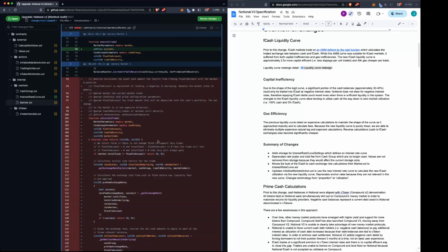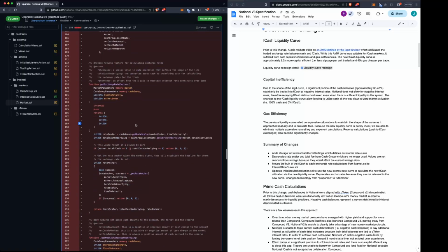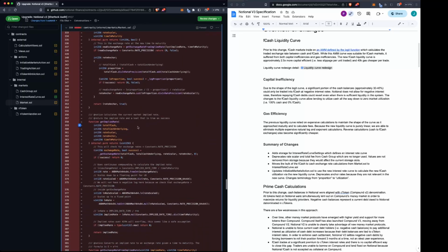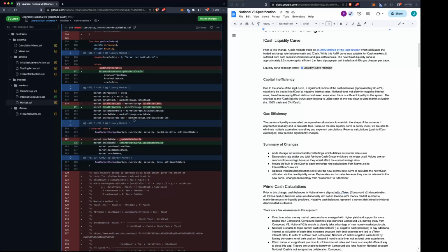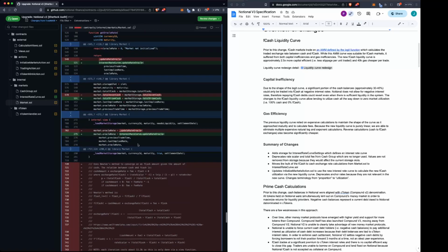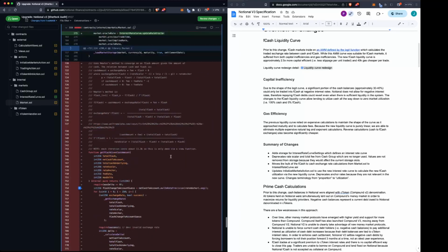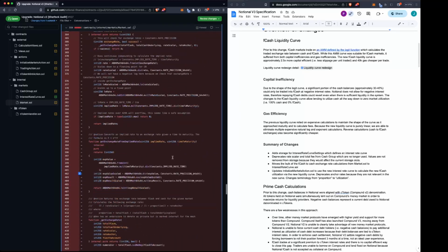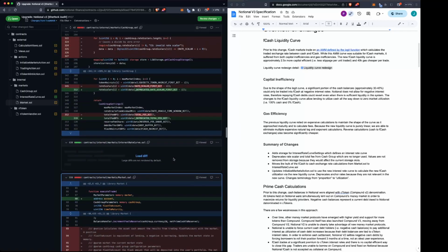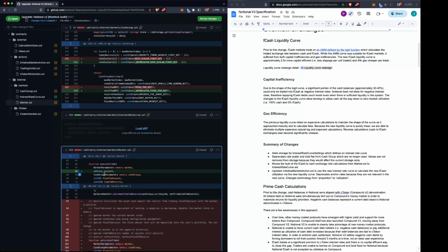So you'll see that a lot of code in market.sol is removed, and so there are a lot of deletions in this file. Primarily the changes you'll see here are renaming variables and repointing functions to the interest rate curve file. So market.sol now generally is just going to have some getters and setters for the market object, and it holds the execute trade function.